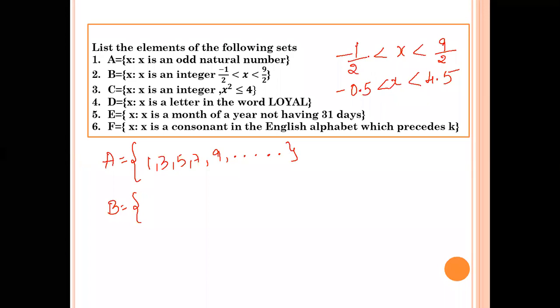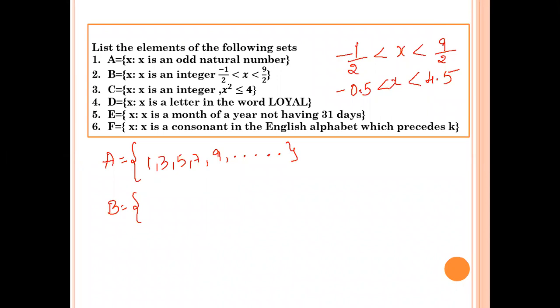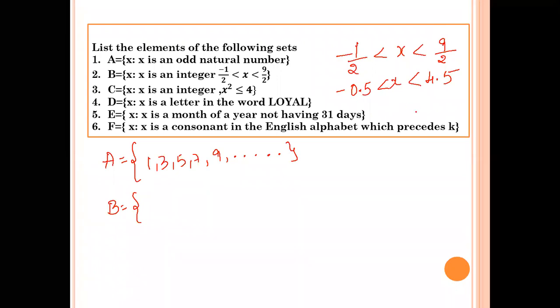So what is the answer? Remember, we have to include integers. What are integers? Integers are 0, plus or minus 1, plus or minus 2. All these are integers. So which integer is greater than -0.5?